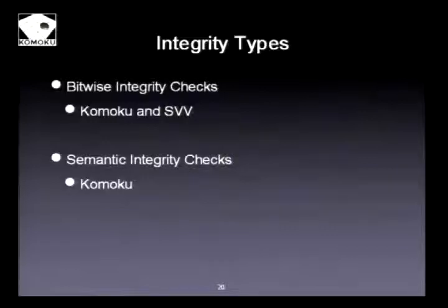Bitwise integrity is what we're all probably familiar with: MD5, SHA-1, SHA-256 hashes. They basically look at the scalar representation of the bits, whether on the file or in memory. You take a checkpoint or a baseline, a snapshot as we call it, and you compare it at some point later in time, and the robustness of the cryptographic hashes should indicate if there's any tampering with those bits.